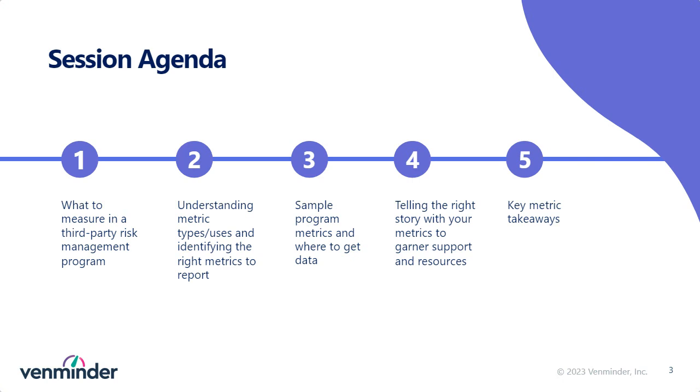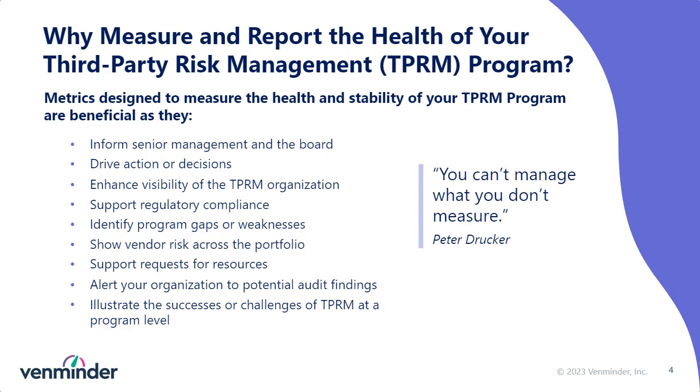So let's jump in. If you're joining today and you're curious about why we should be creating metrics that measure the health of the third-party risk management program, keep in mind that these are designed to really inform your senior management and the board about what's going on, if things are working as they're intended to or not. They should be used to drive action or decisions and give your program better visibility.